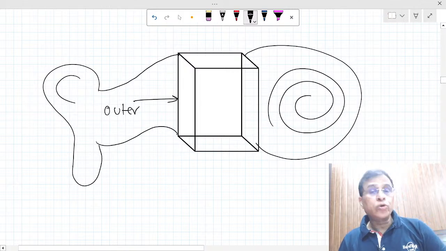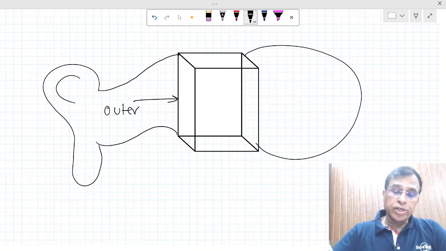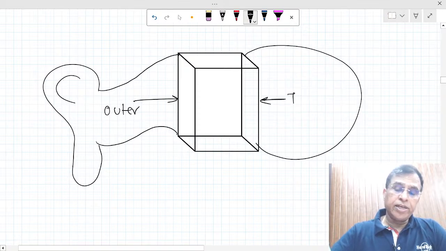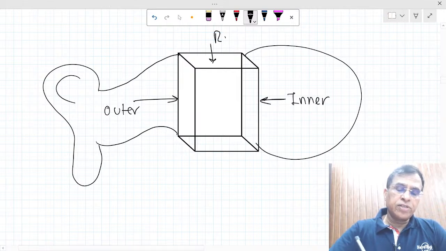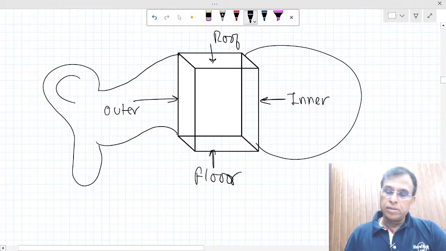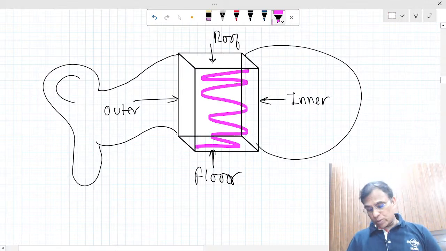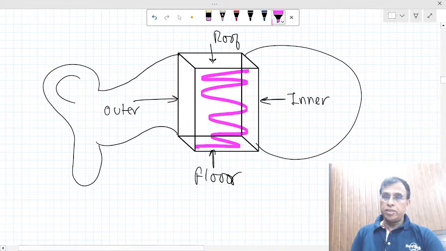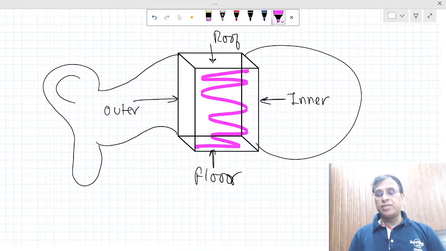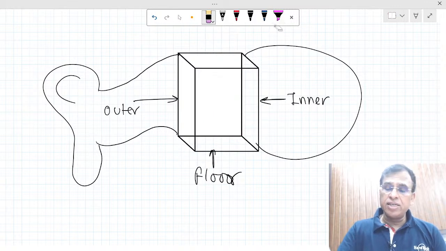If you're writing the notes, don't write this, make the diagram but don't write. So if this is the outer boundary, this inside becomes the inner boundary towards the inner ear. This upper boundary is obviously the roof, and below will be the floor. The one in the front is the anterior boundary, and the one behind is the posterior boundary. 6 boundaries: there is a roof, there is a floor, there is outer, there is inner, and there is anterior and there is posterior. So that's a very easy thing.